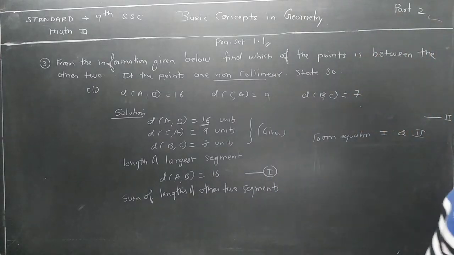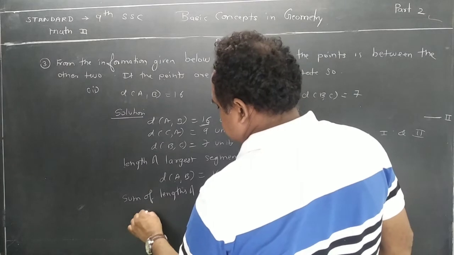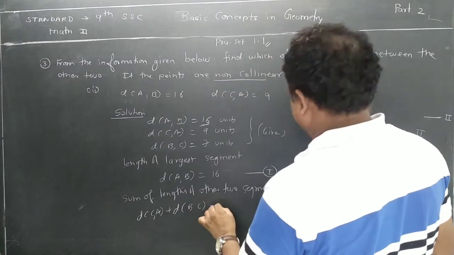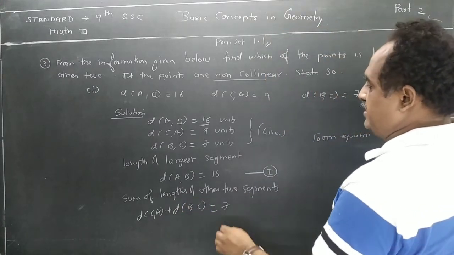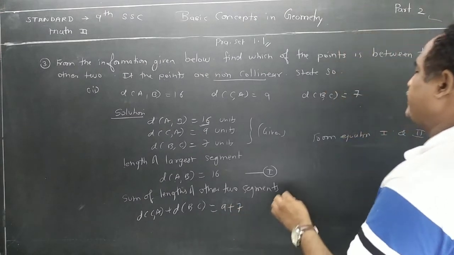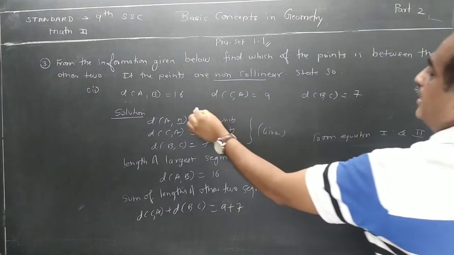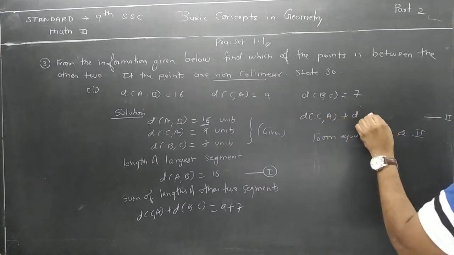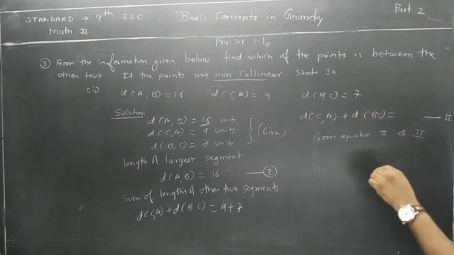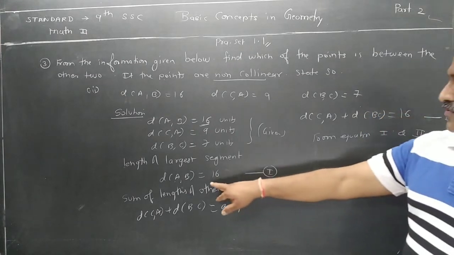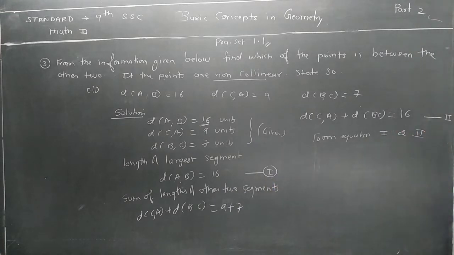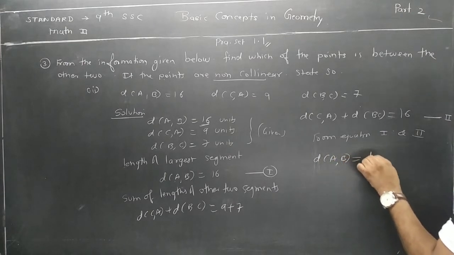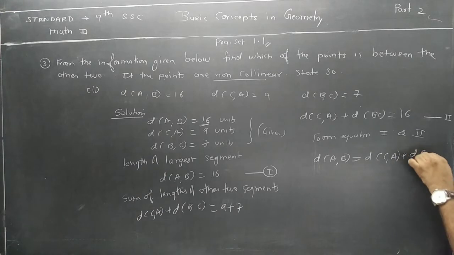Sum of the length of other two segments, that is distance CA plus distance BC is equal to 9 plus 7. So what I can say, distance CA plus distance BC is equal to 16. See the equation 1. It is 16, it is also 16. What I can say then, distance AB is equal to distance CA plus distance BC.